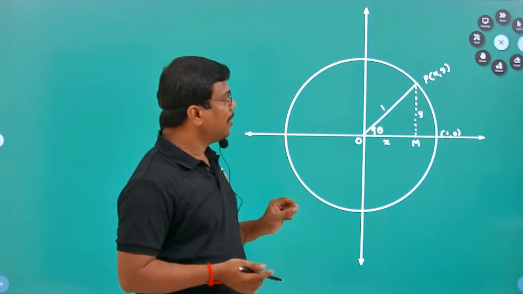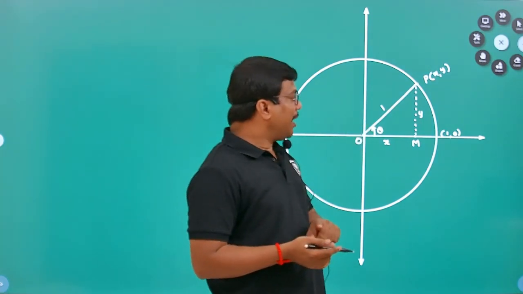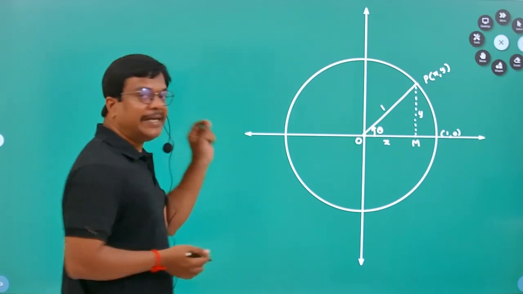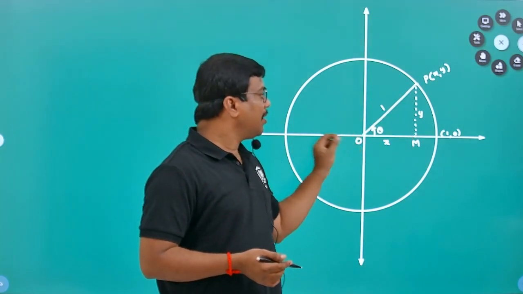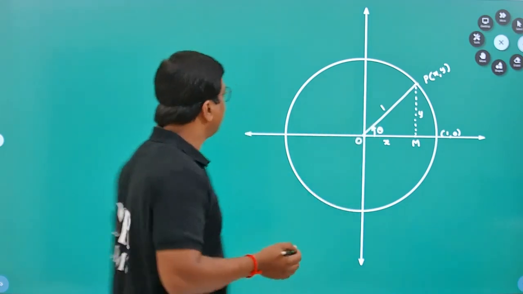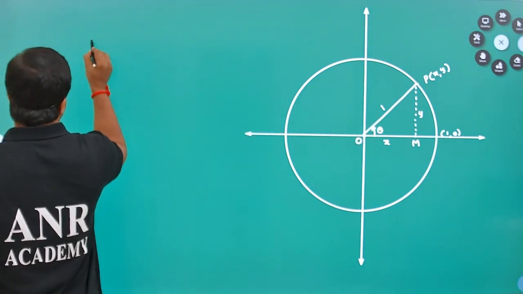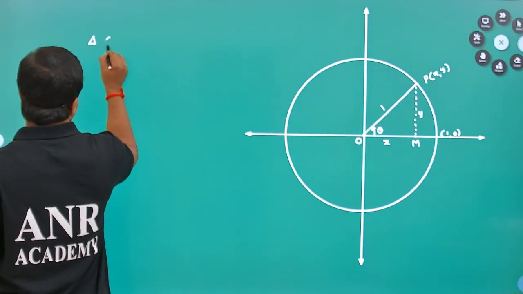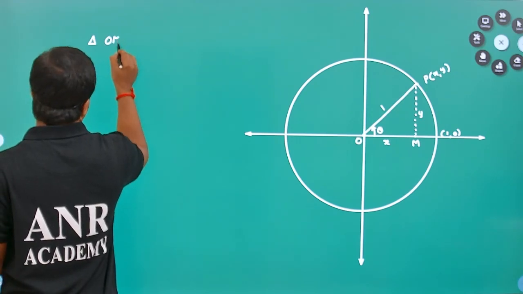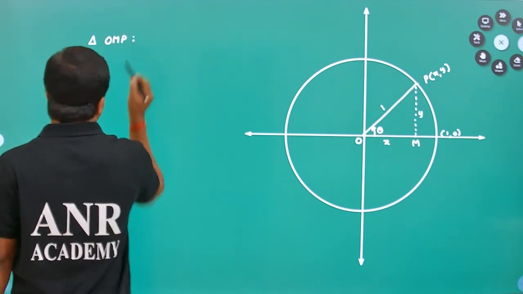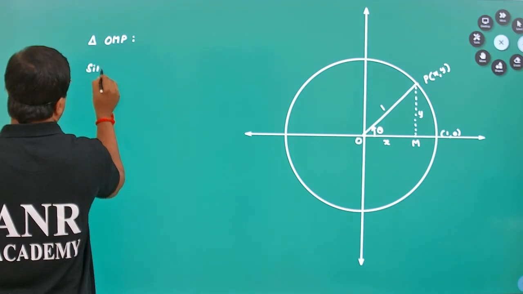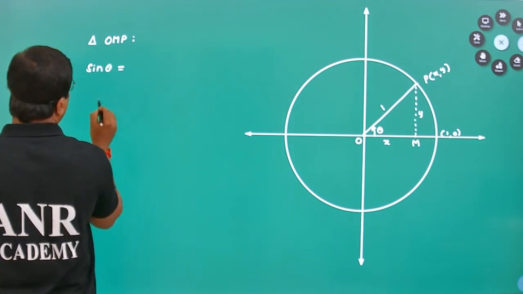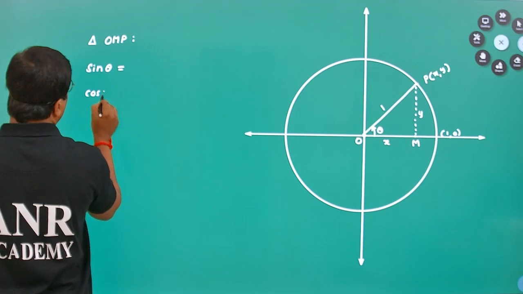Now I am going to write the sin theta value and cos theta value from this triangle OMP. From triangle OMP, first I am going to write the first trigonometric ratio, that is sin theta, and then cos theta.